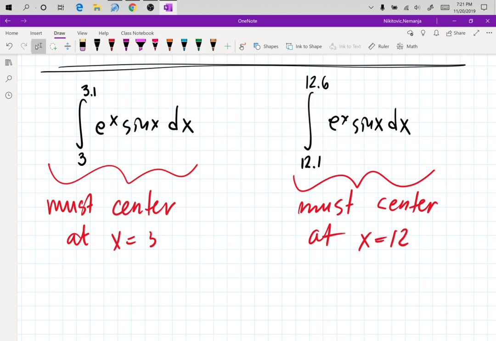So now this power series here would be 1 plus x minus 3 plus x minus 3 squared over 2 for e. On the other side, for sine, it's going to be x minus 3 minus x minus 3 cubed over 6 plus x minus 3 to the 5th over 120.